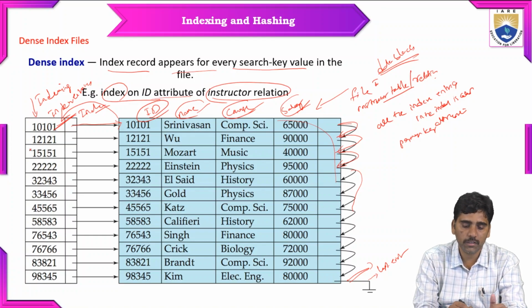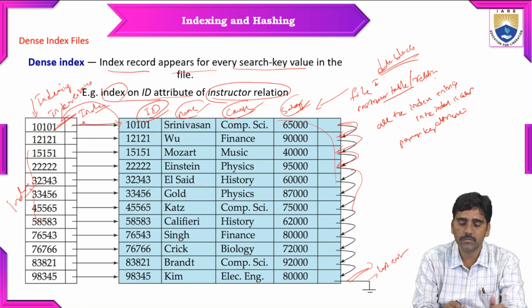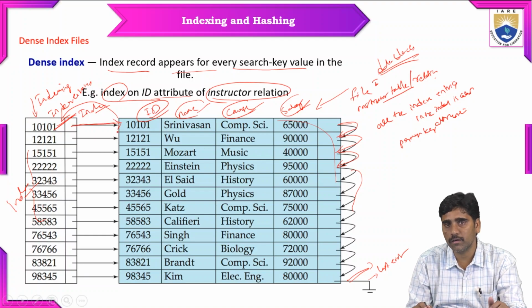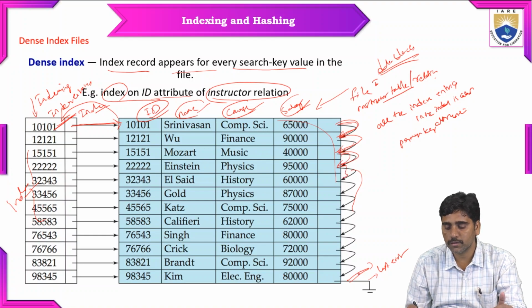So this is nothing but an index entry, or index. It points to the file and looks up into the file, and if it finds it, the file points to the next record, up to the last record of your file.